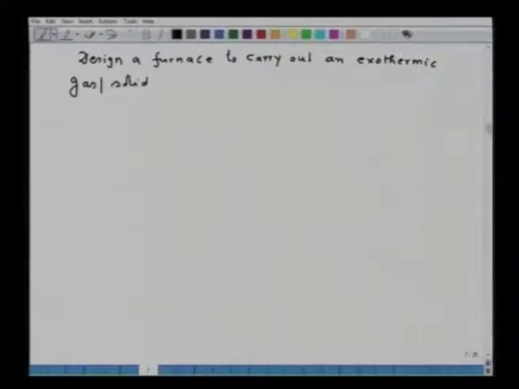Now, let us take an example. So, we have to design a furnace to carry out an exothermic gas solid reaction on a continuous basis.